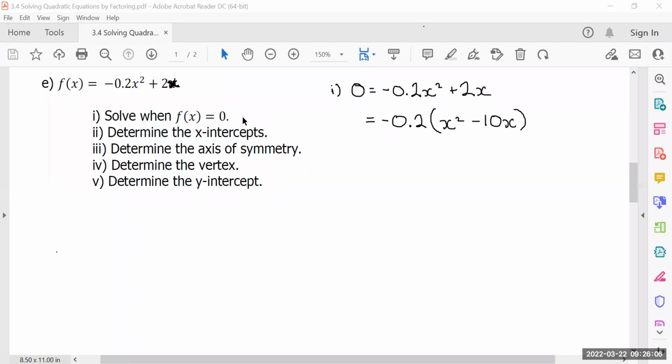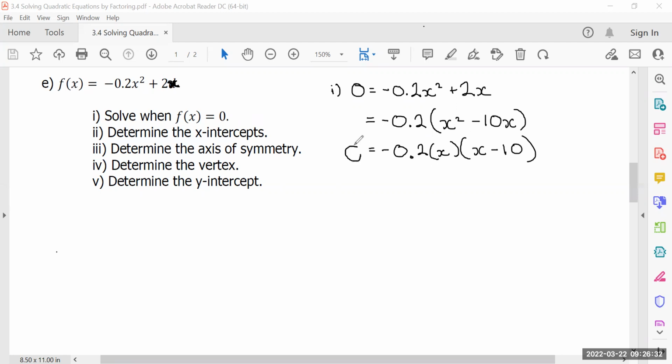So you can do that on the calculator, no problem. Let's get this out of the way. Next, let's actually go further. I see an x squared and an x. I'm going to common factor further, giving me this.